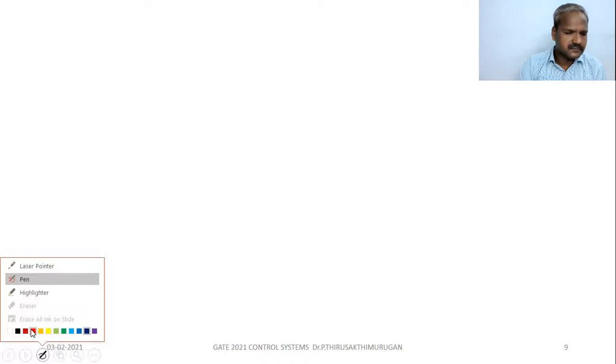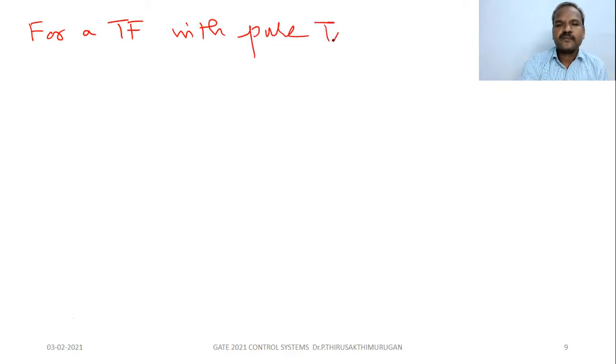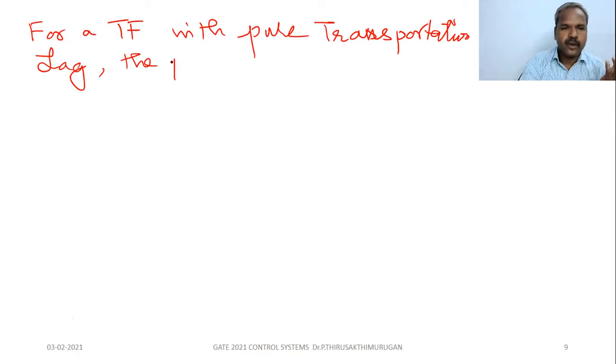Next, for a transfer function with pure transportation lag, what will be the nature of the polar plot?